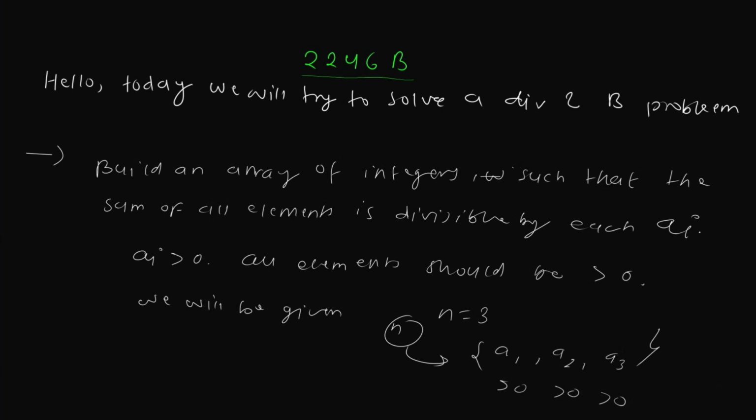If we sum up these values, we will get a value p, let's suppose, and that p, when divided by all these elements, gives 0 remainder. So this is the question, and we'll try to do this.